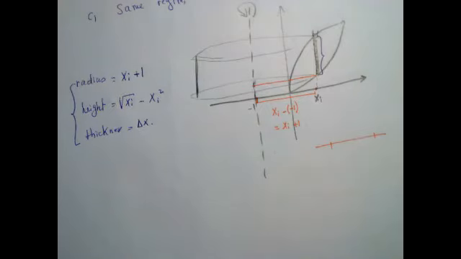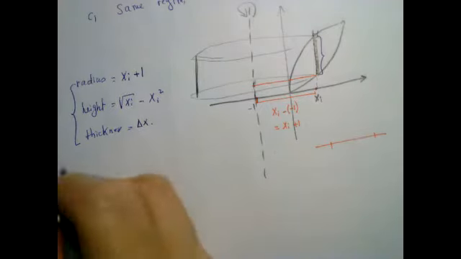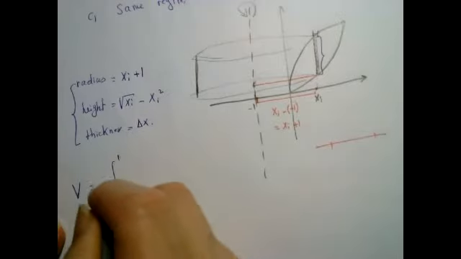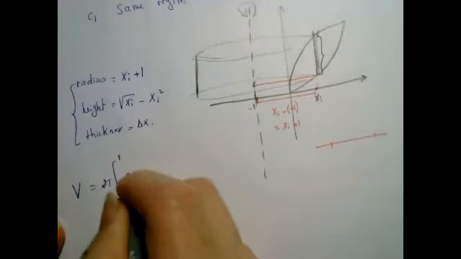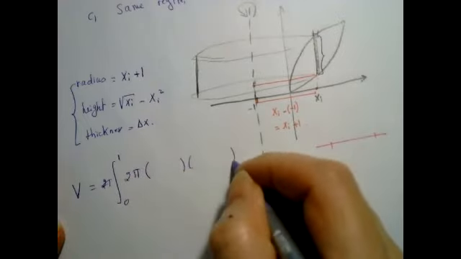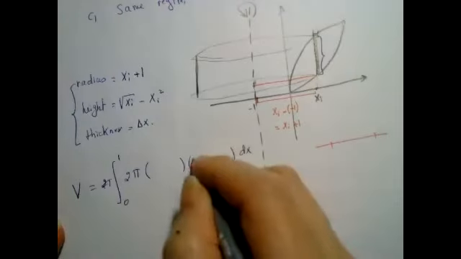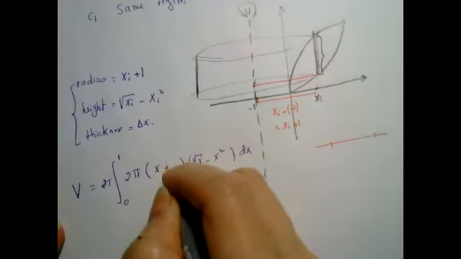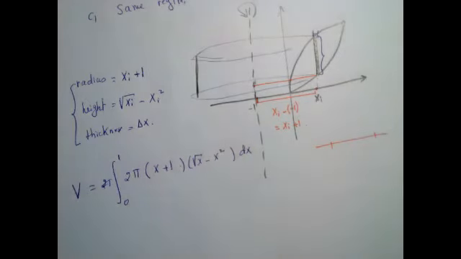End of the problem, basically. So the total volume is going to be the integral from 0 to 1 of 2 pi times radius, height, thickness. My problem is done. Now it's just a matter of integration.